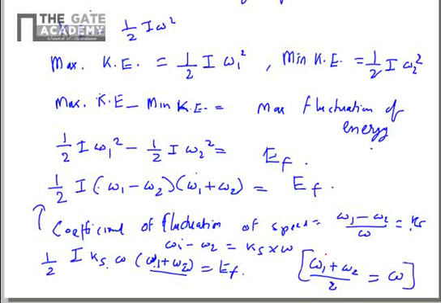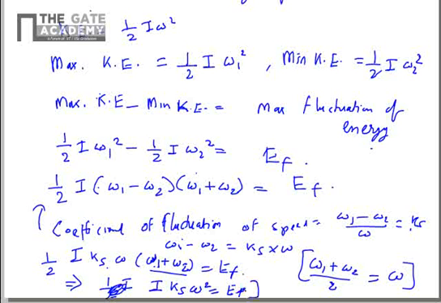Of course, this is an approximation and can be different for different cases, but for our simplified case, we take that the average lies at the center of the maximum and the minimum. Substituting this relation, the half will go, and we get I Ks omega square equal to EF.